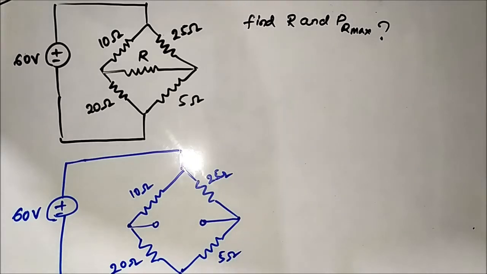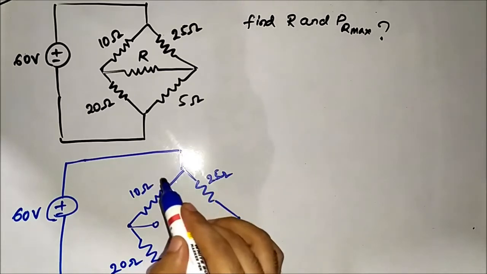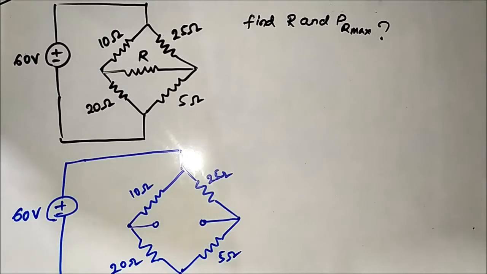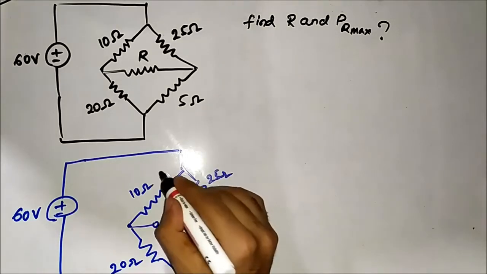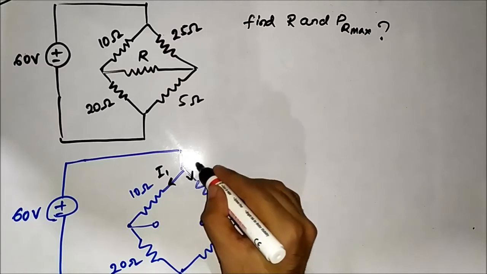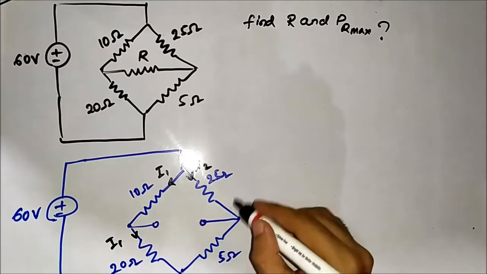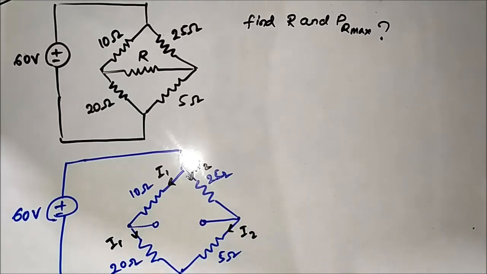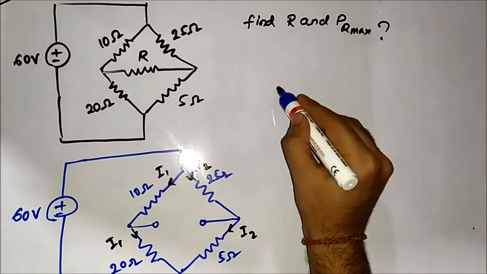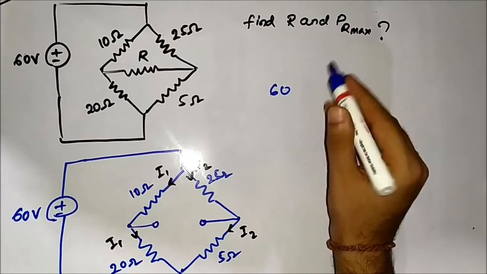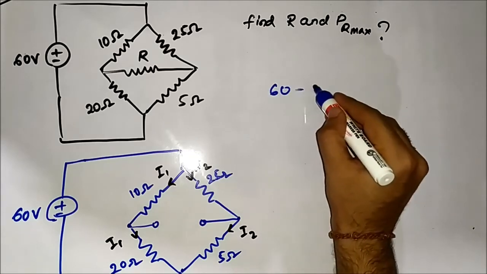Now we have to find VTH. For that we have to find the current flowing through these resistors. So this is I1, this is I2. The same current I1 will flow through this 20 ohm resistor, and the same current I2 will flow through this 5 ohm resistor. So we'll have to apply the KVL equation. It will be 60 minus 10 I1.